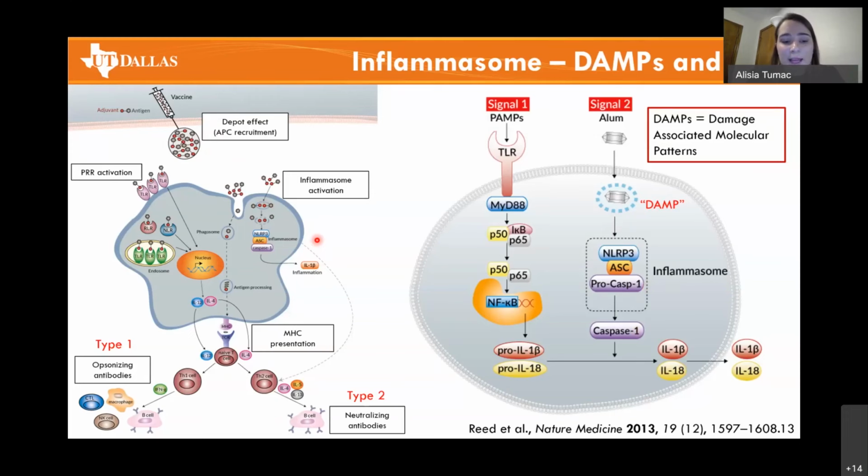In the case of some vaccines, alum is not enough because alum is a type 2 immune response adjuvant. And so sometimes it has to be used with another toll-like receptor adjuvant, which can induce, in fact, a type 1 immune response. And this is the case in many adjuvants.